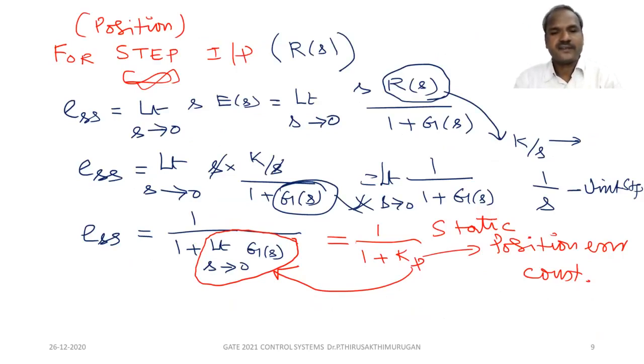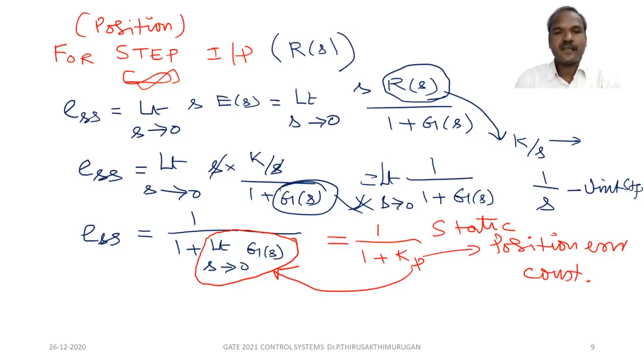So let us first apply a step input to the system. Step is nothing but the position input. For step input, R(s) equal to 1/s. We apply the standard expression, ESS equal to limit s tends to 0, s into E(s). Substituting R(s) as k/s, we finally get limit s tends to 0 of 1/(1+G(s)).